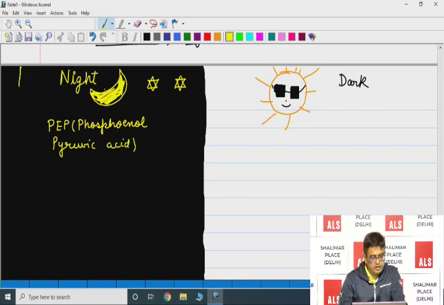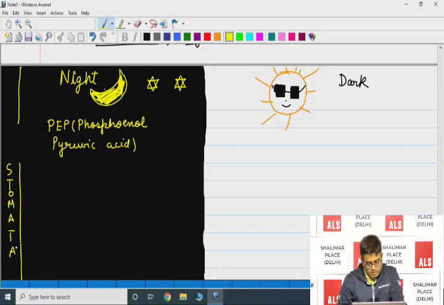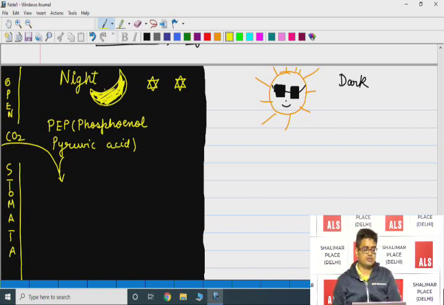The stomata are open. So carbon dioxide can enter inside the plants like this, and this will combine to make oxaloacetic acid.